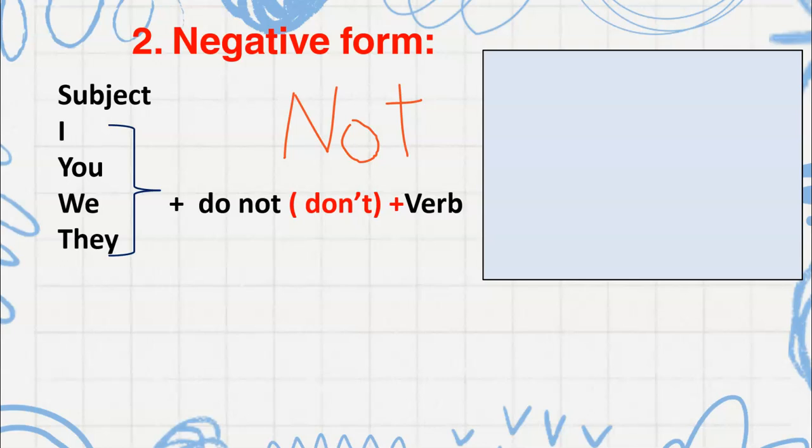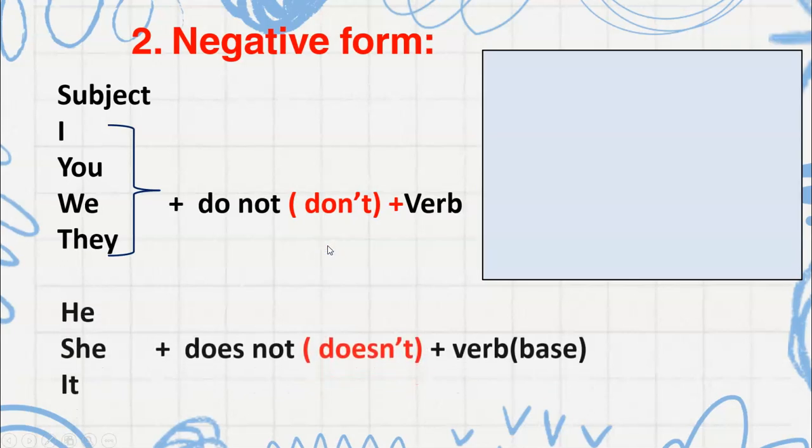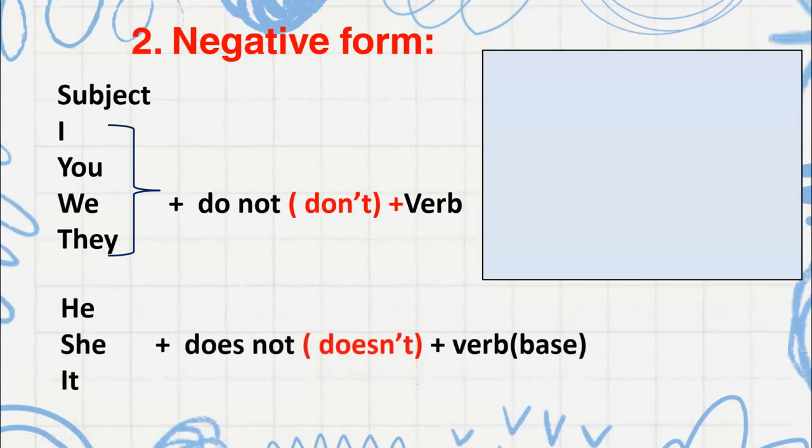Okay, again, when you have the subjects I, you, we, and they, we say do not or don't plus the verb. But when you have he, she, and it, we must say does not, or the short form doesn't, plus the verb base. When I say the verb base, it means the verb should not have S or ES.